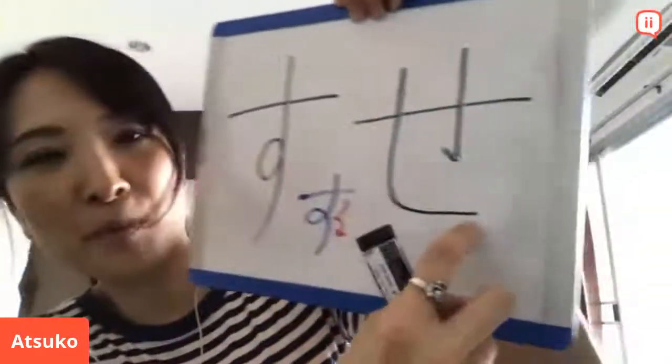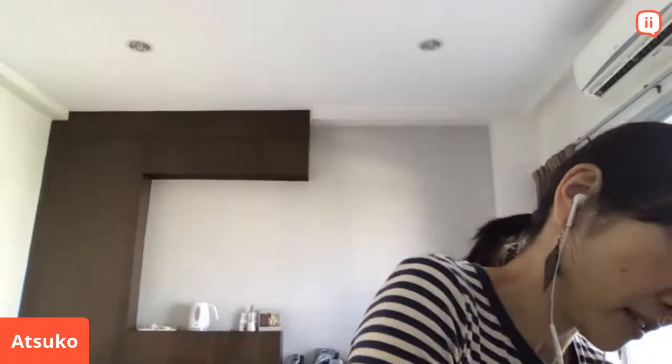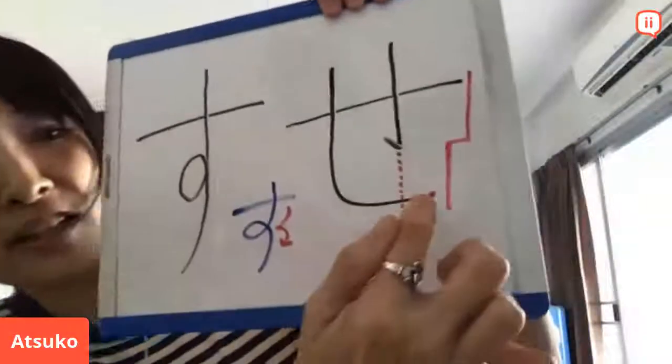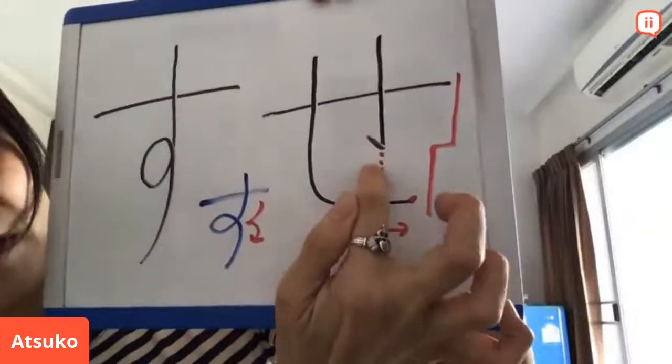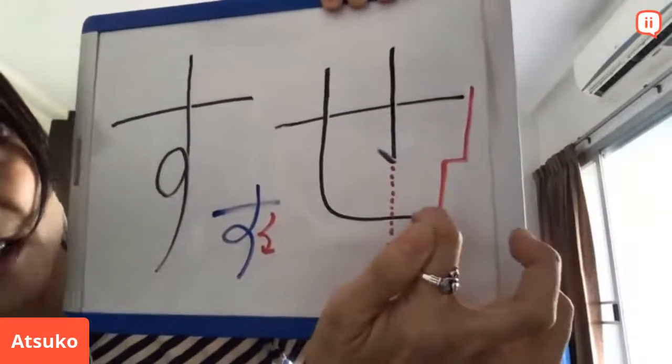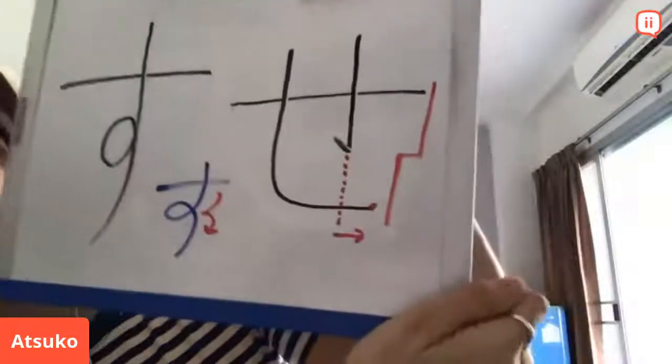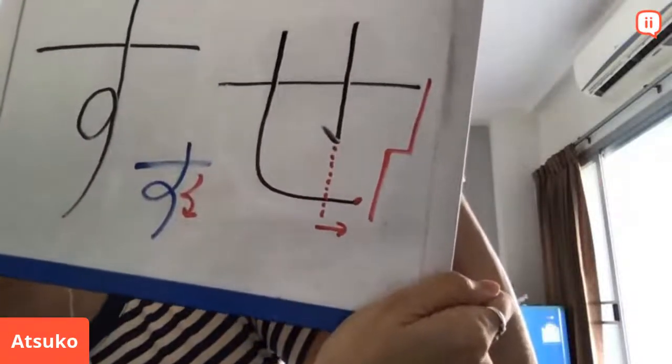And this finishing point is very important. This point is right side of this line, but left side of this point. Can you see?